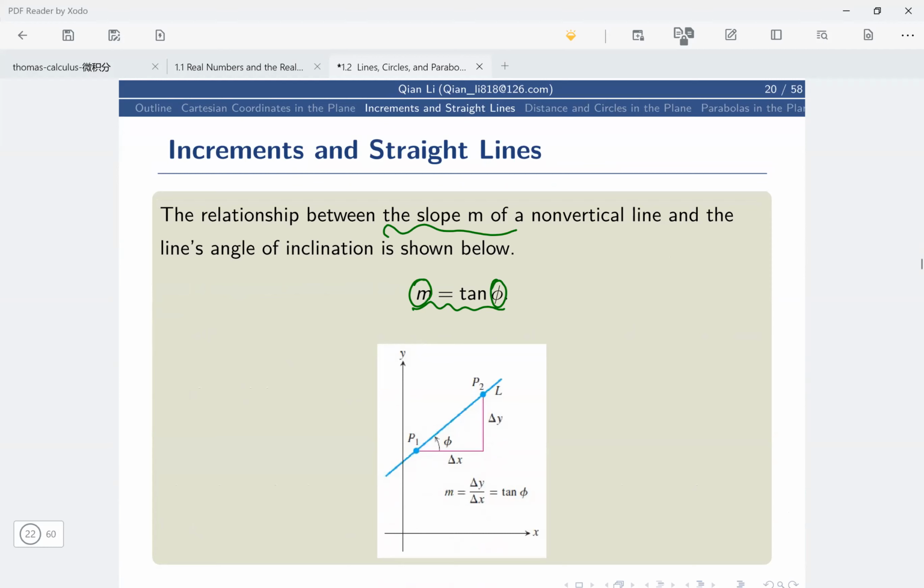We use delta y over delta x to compute the slope of this line, and this angle phi is the inclination of this line, and tangent phi is equal to m. So the relationship between the slope and the inclination is m equal to tangent phi.